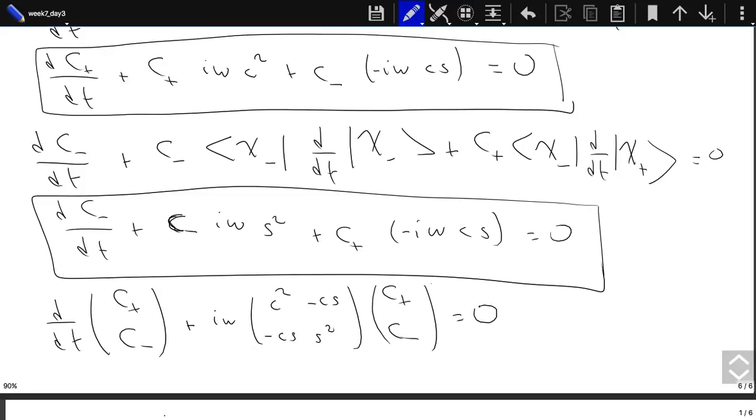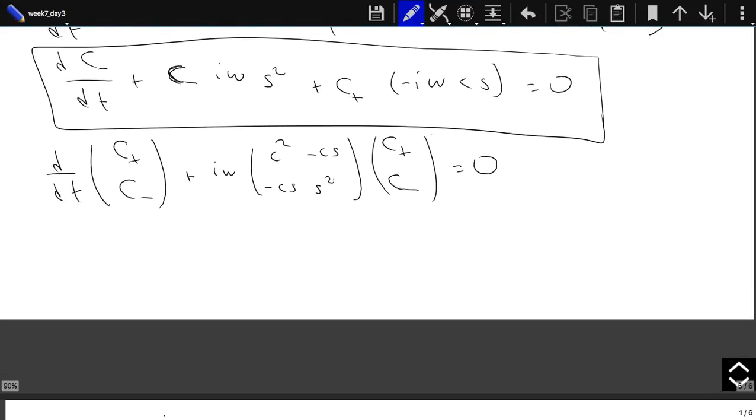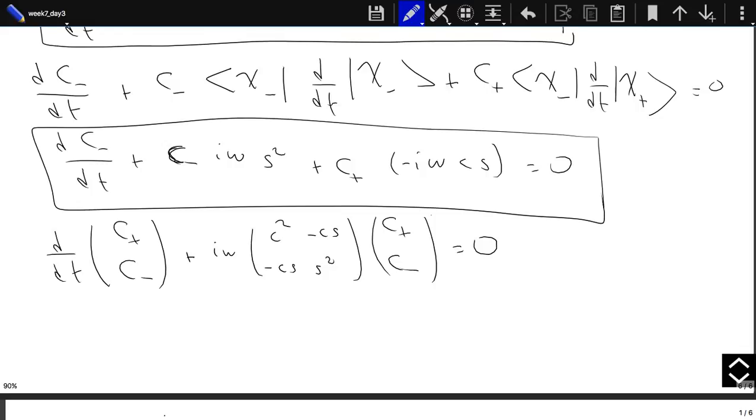This is equal to 0. So this is our equation that we need to solve. Do you know how to solve this equation? It's a matrix equation.